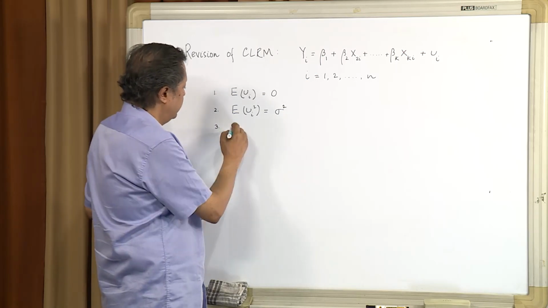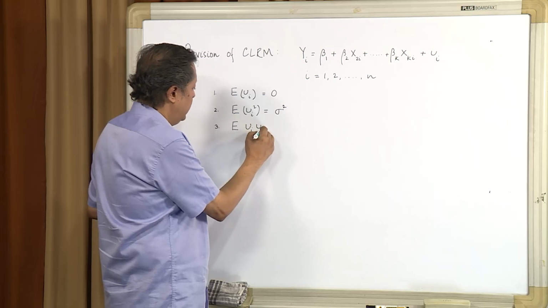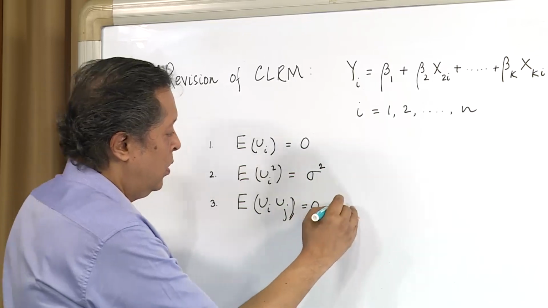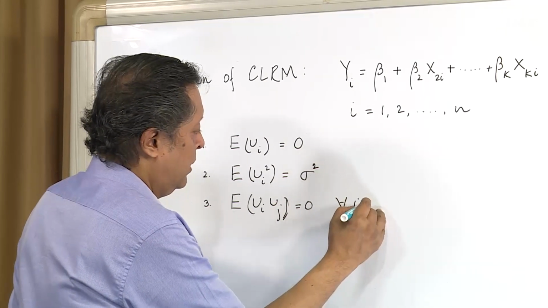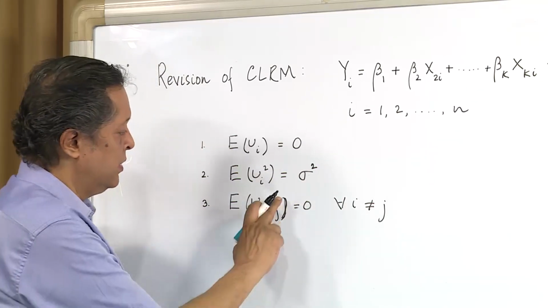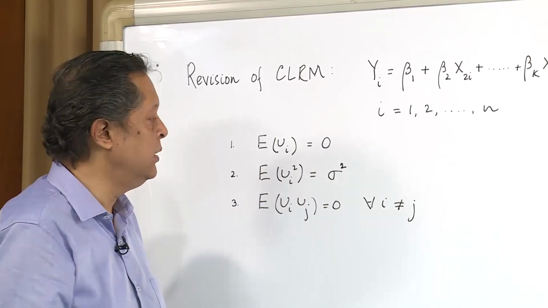Number 3, we have expectation of ui uj is equal to 0 for all i not equal to j, which means that there is no serial correlation or no autocorrelation in the model.